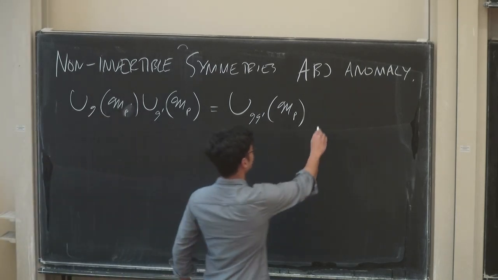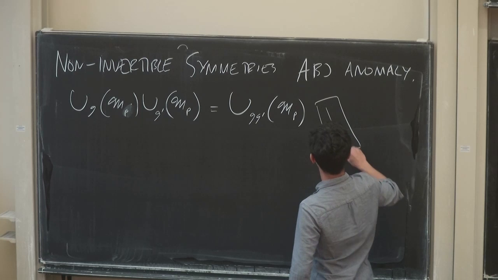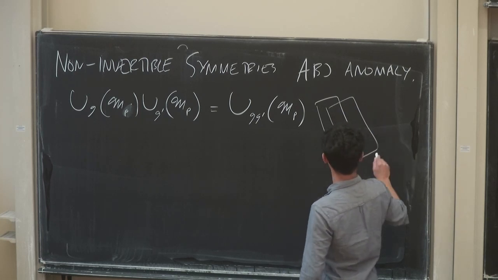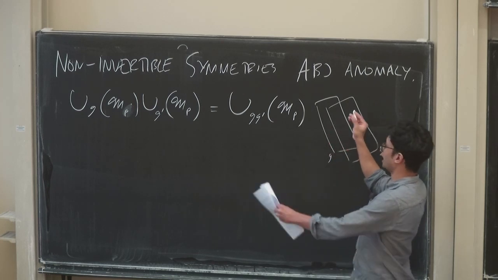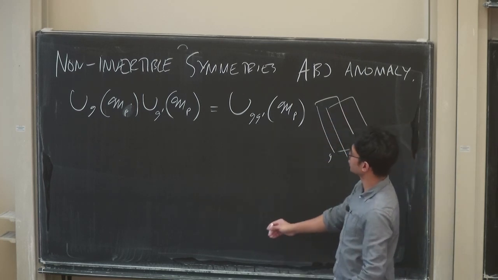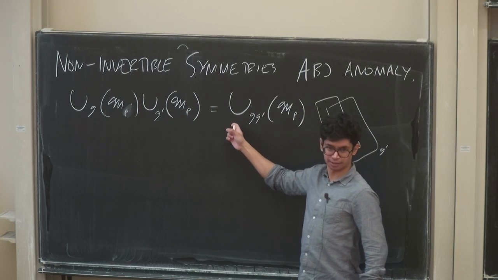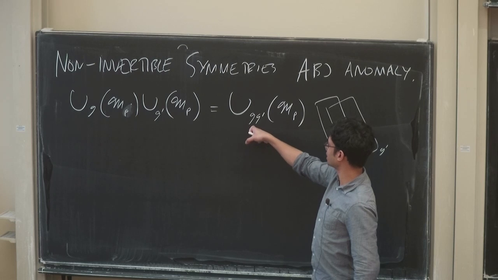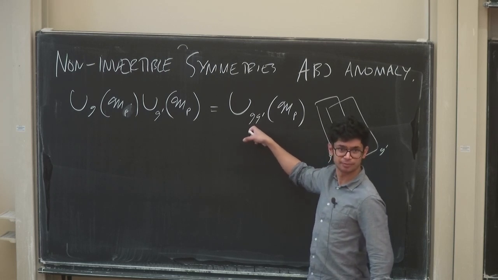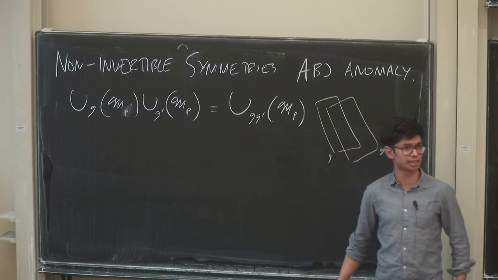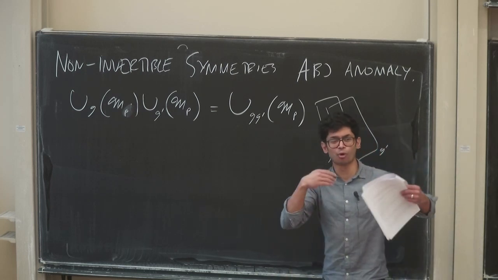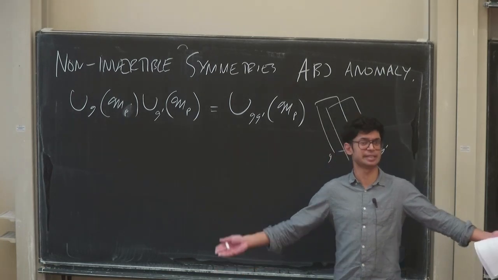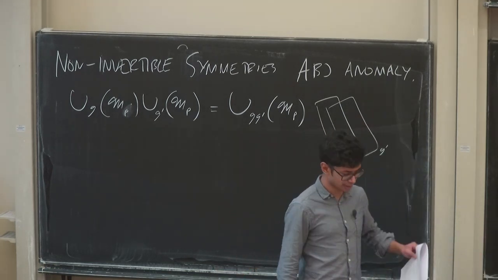So in other words, if I have some guy living on some manifold, and another nearby guy, this is generating action G, this is G prime, I can always fuse these together and just get one more object. Okay, I fuse them and get one new symmetry generator, which is labeled by the group composition of G and G prime. This has been the case in the very first symmetries that I talked about on the first day, and it was even more the case for the higher form symmetries, because these G's then had to be abelian. Okay, so it was really a trivial group composition.